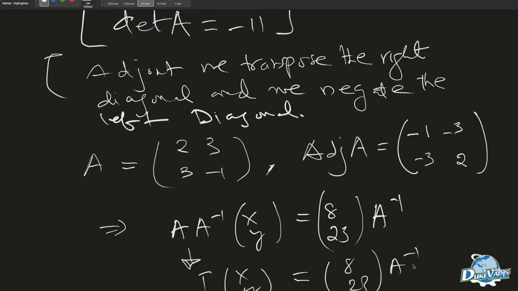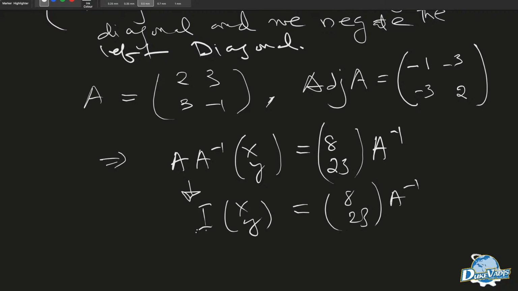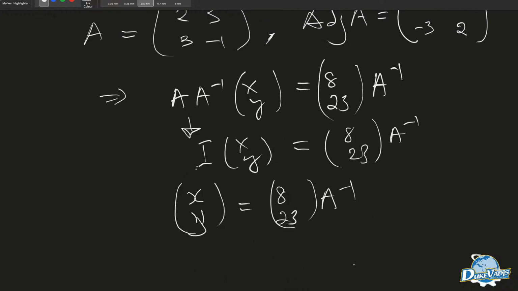This identity matrix multiplying xy will be xy, equal to 8, 3 times A inverse. And how do you get A inverse? The A inverse is given as one over the determinant of A multiplied by the adjoint.